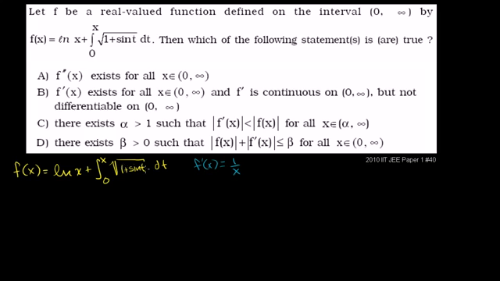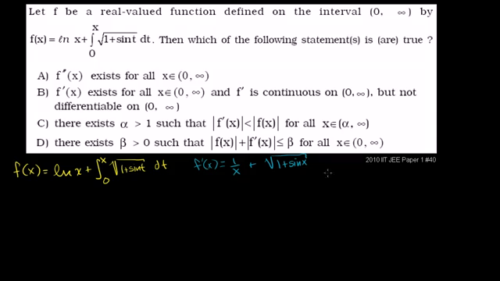And then the derivative of this is just the fundamental theorem of calculus. It's going to be just this inside expression as a function of x. So plus the square root of 1 plus sine of x.